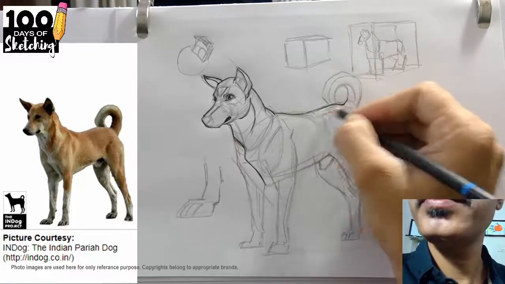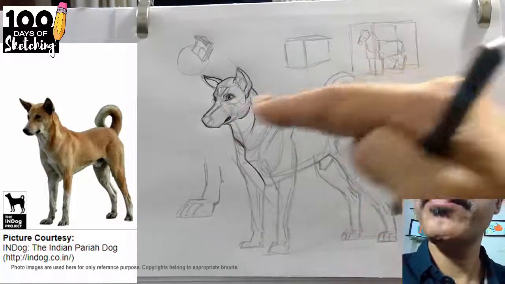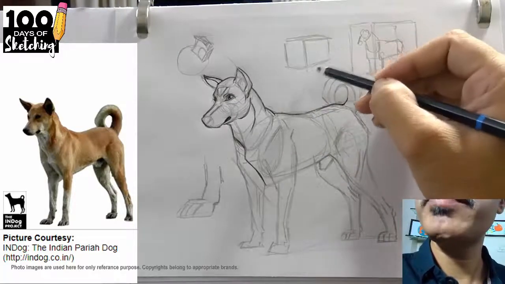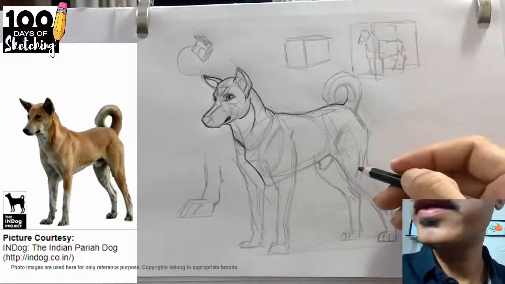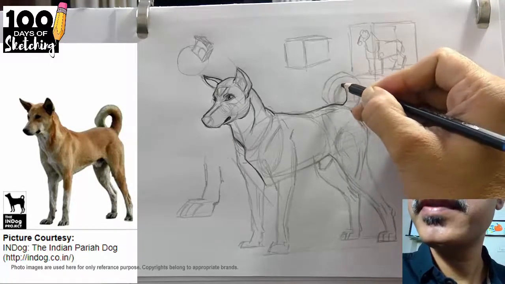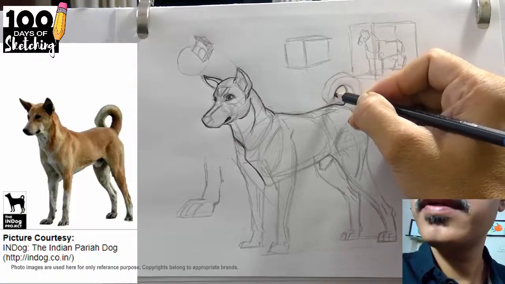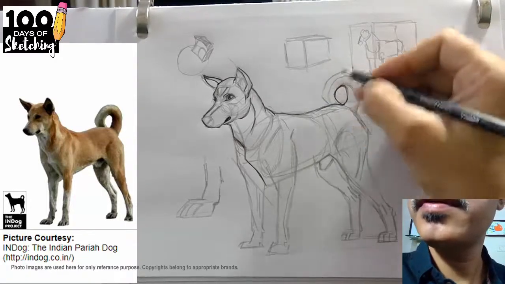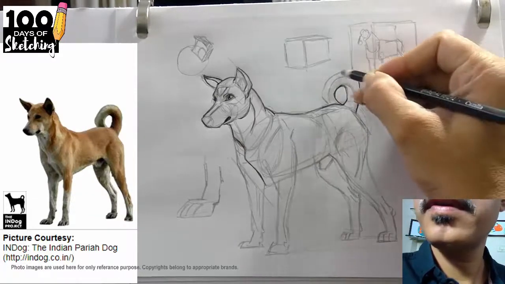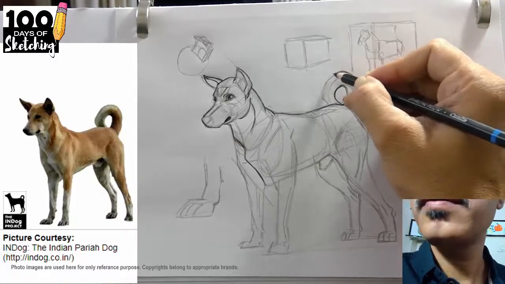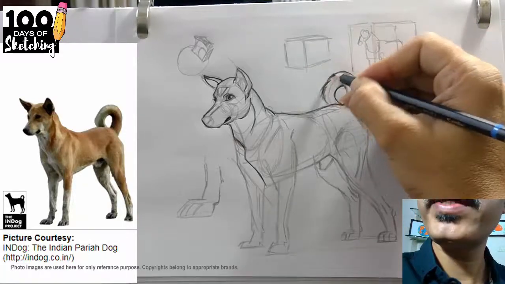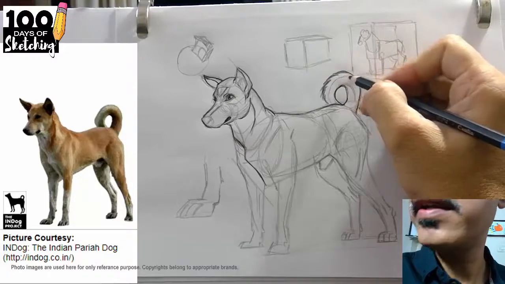So here also you can see this portion, like the upper plane. If you follow this properly, you will get the right drawing. A little furry portion I'm going to indicate.